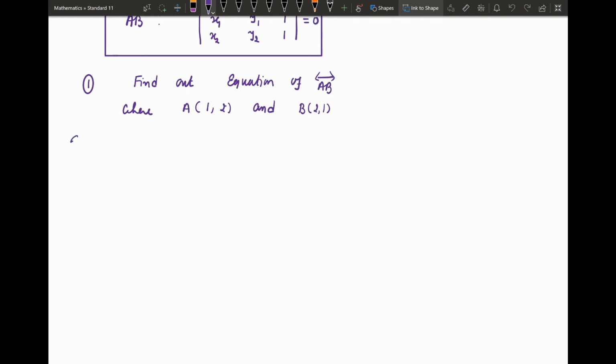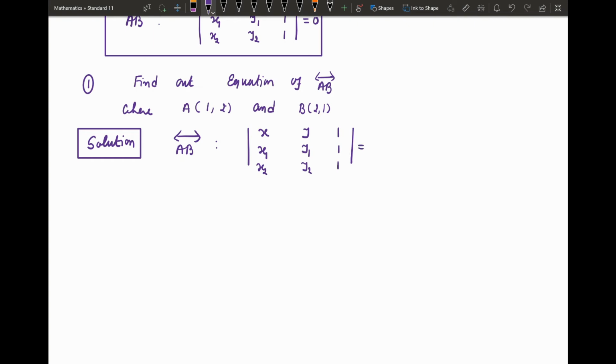So according to the above formula, the solution: the equation of line AB is given by the determinant x y 1, x1 y1 1, x2 y2 1 equal to 0.